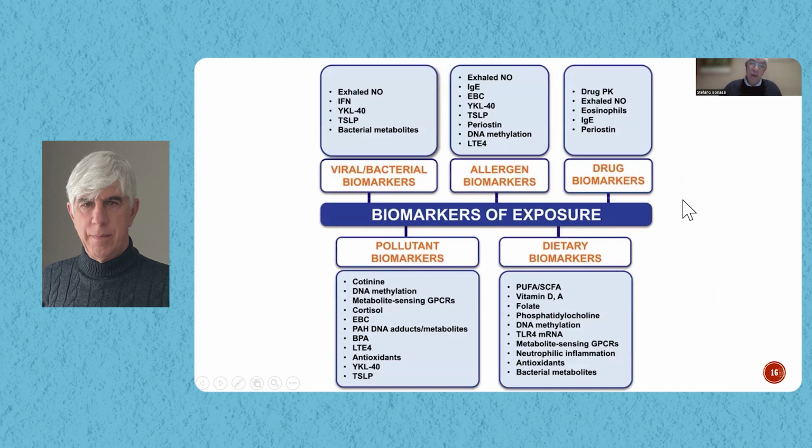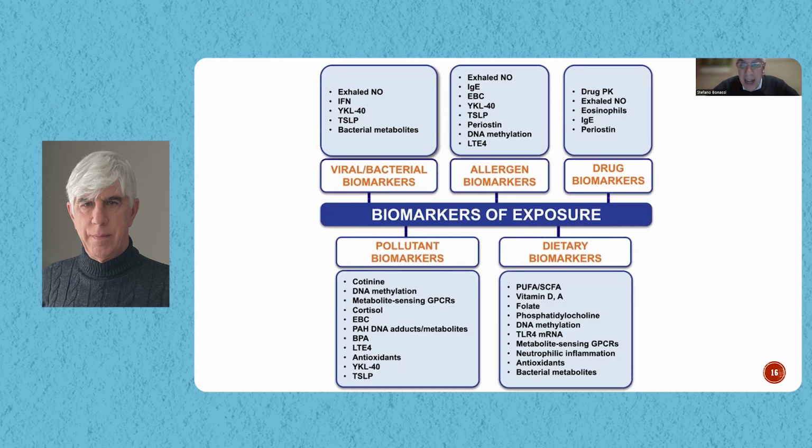So when we talk about biomarkers of exposure, we have really a large number of examples, and I put some here for you. You can have biomarkers dealing with viral or bacterial infection. We have biomarkers that can be associated with the viral load, or we can have it in the serum, autoantibodies or antibodies in this case.